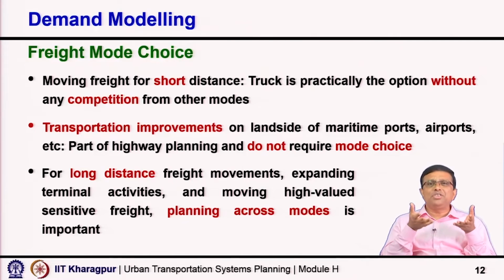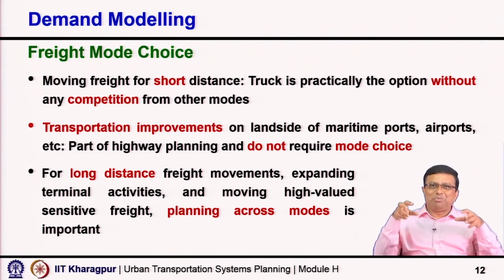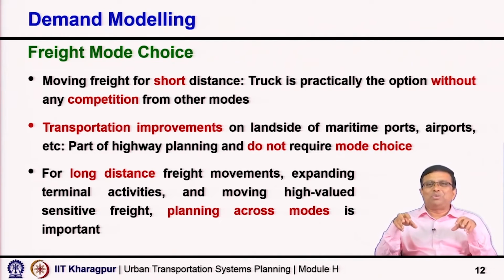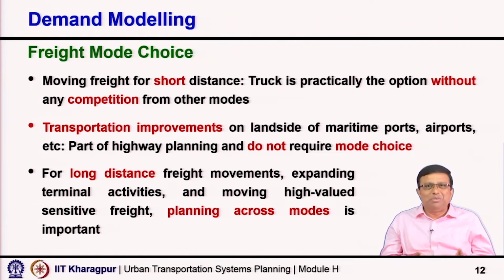Then essentially what we are doing comes under part of highway planning. A port or airport cannot work in isolation without the road infrastructure, right. So, you are basically doing the transportation improvement.